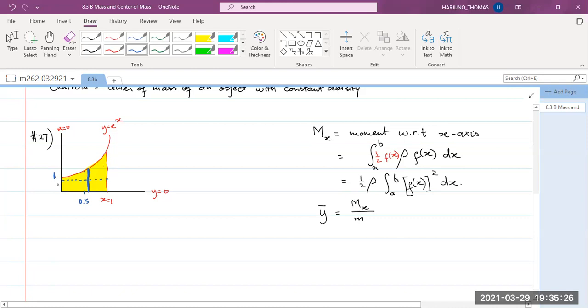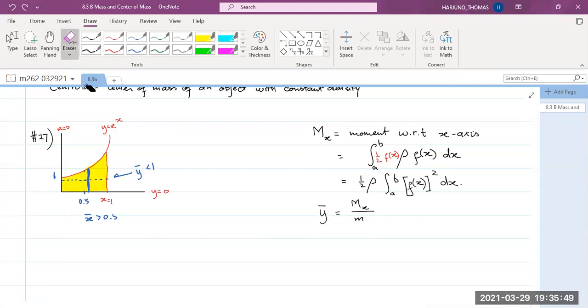That's my estimate: y bar is less than 1, and x bar will be greater than 0.5. But that's just a guess, an approximation. Now let's do the computation accurately.